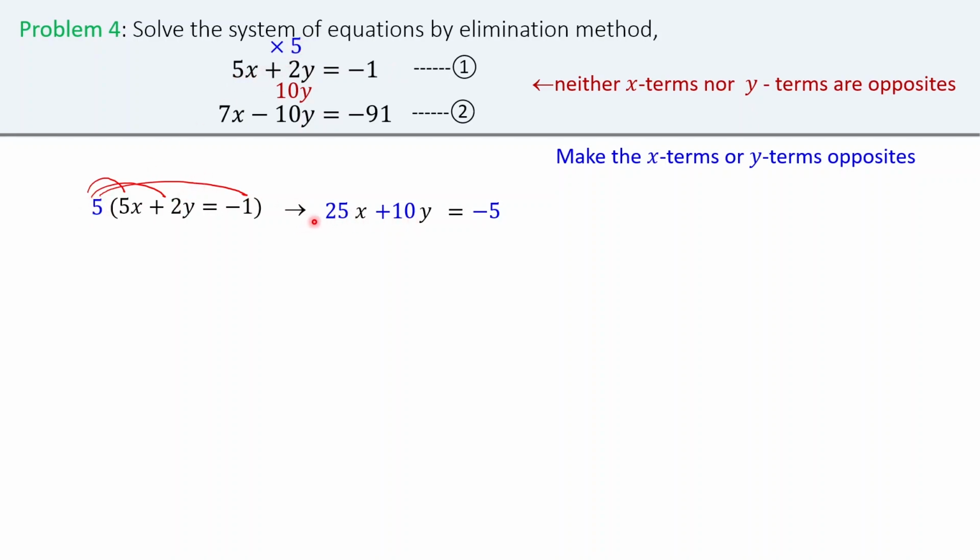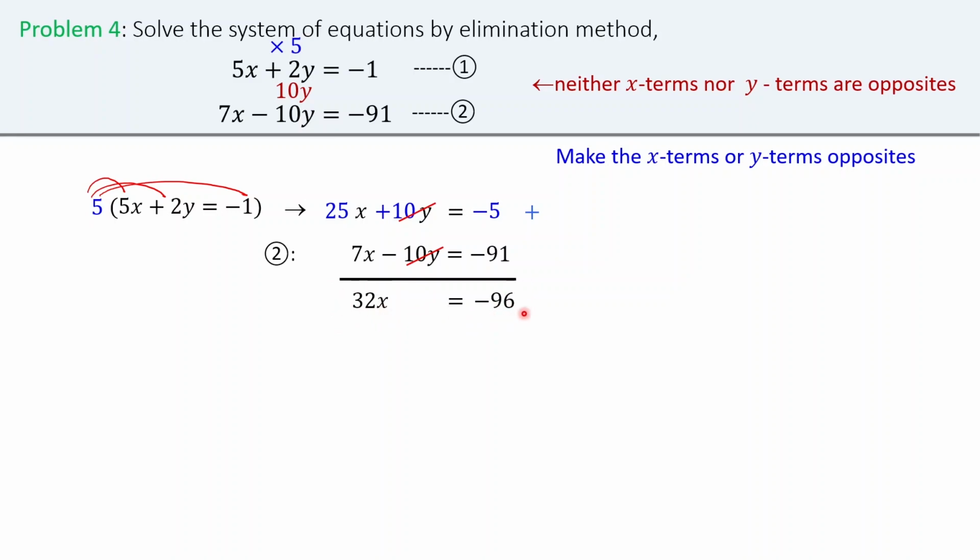Now you need to add this equation and the second equation. Write the second equation. Now add. Cancel out positive 10y, negative 10y. 25x plus 7x is 32x is equal to negative 5 minus 91, which is negative 96.